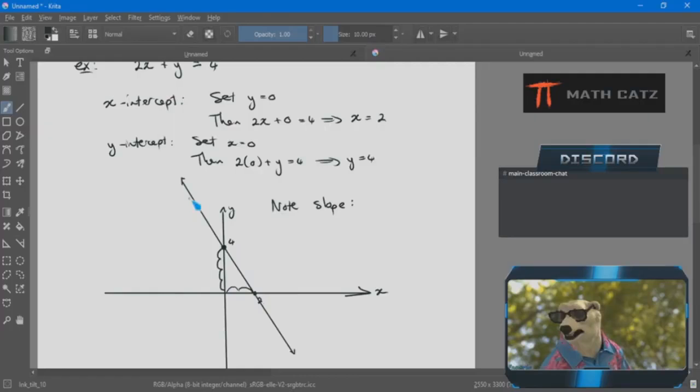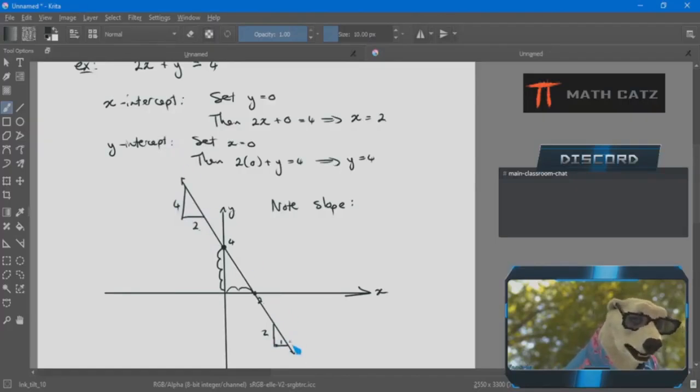And that ratio is going to be where it's convenient, maybe the intercepts, but anywhere else as well, it's going to be a 4 to 2 ratio. It could maybe be 2 steps and then 1 step. That 4:2 ratio or simplified 2:1 ratio is always going to be the same regardless of where I am. If I move away from the line, I have to move back according to that slope, that ratio.